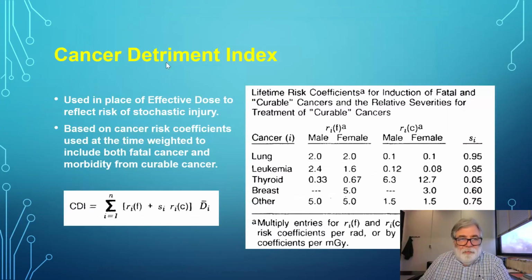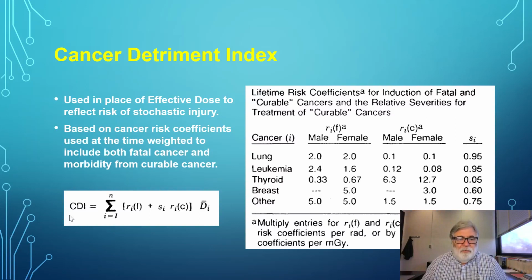Okay, as I said, the Cancer Detriment Index, the CDI, they're using this instead of using the dose for an index as a measure of stochastic risk. When we have the effective dose, we have tissue weighting factors. We add up the doses to each of the tissues times the tissue weighting factor and get an effective dose.